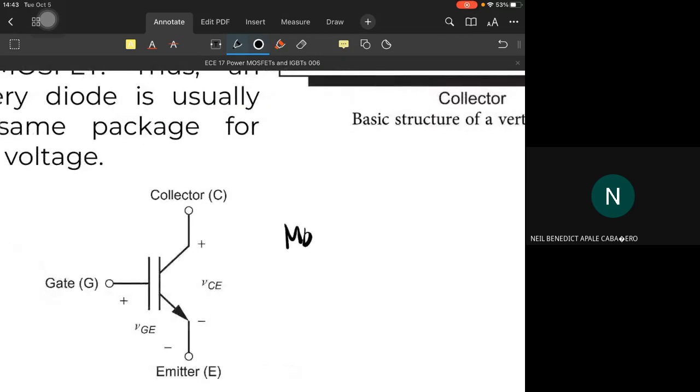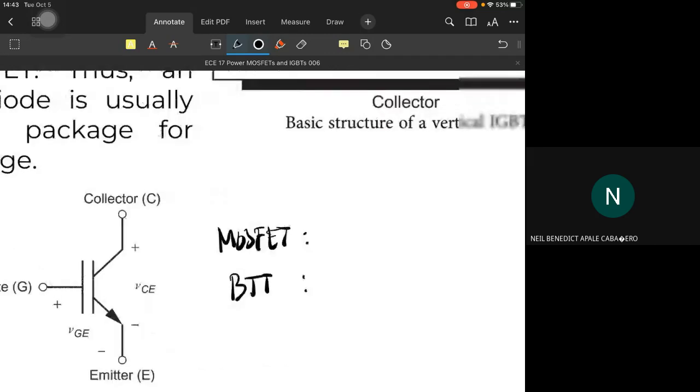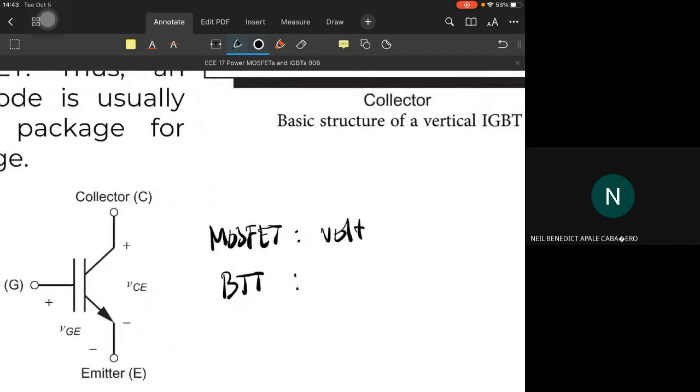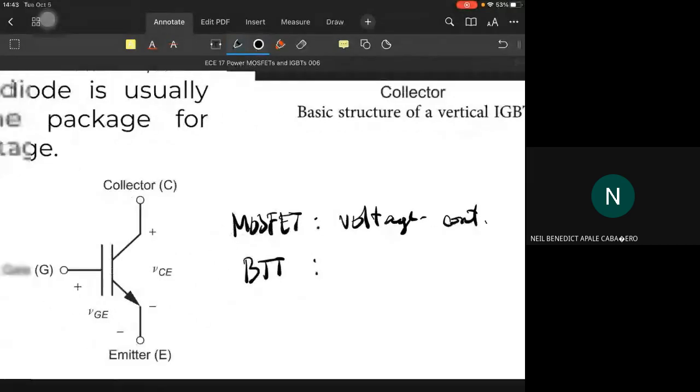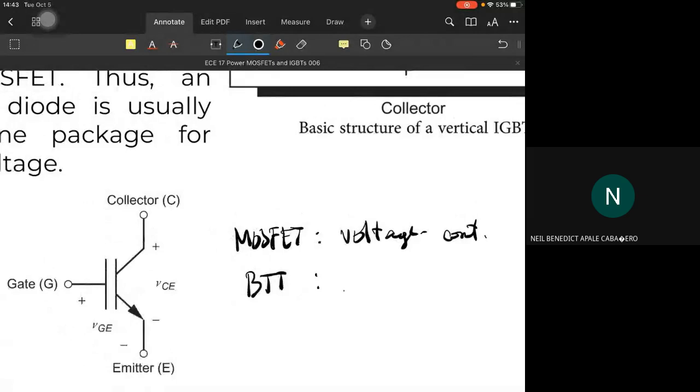It is the same as the MOSFET because it is a voltage-controlled device. But it is the same as the BJT in that it is bipolar.